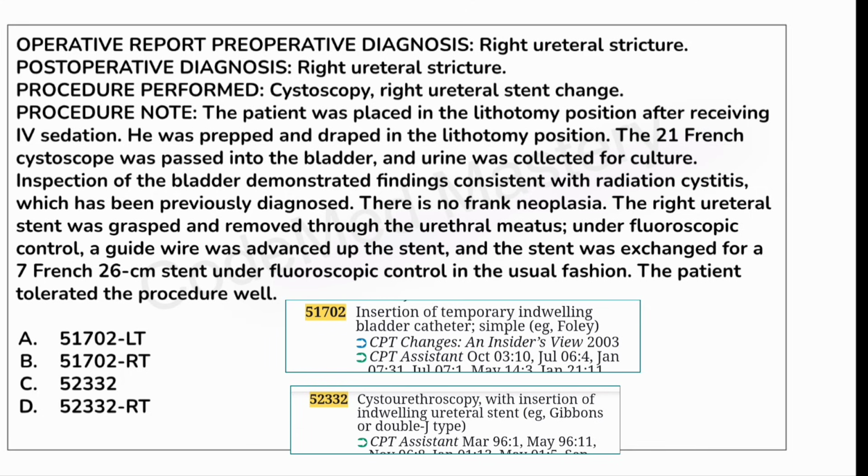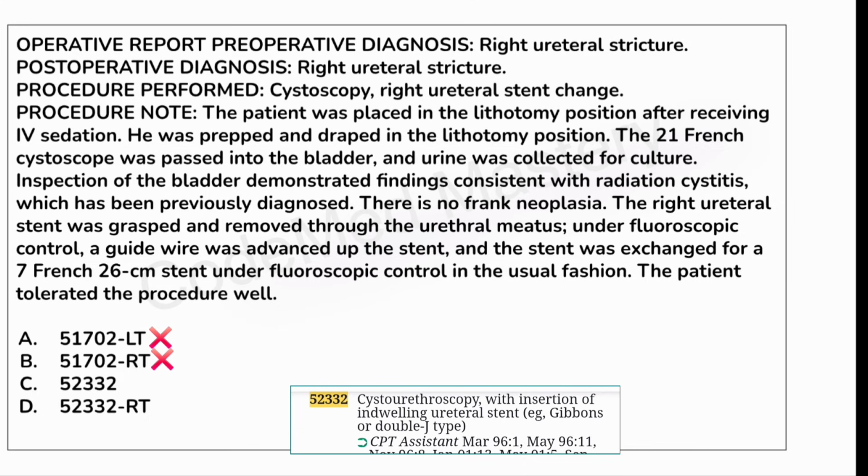But in the question, they have given cystoscopy, right ureteral stent change. Therefore, we have to code 52332. We'll eliminate 51702 because it is for insertion of temporary indwelling bladder catheter. In the question, they have not mentioned temporary indwelling bladder catheter, simple. So we'll eliminate option A and B.